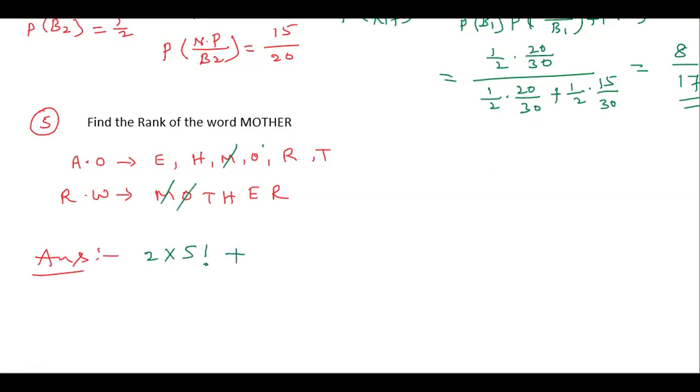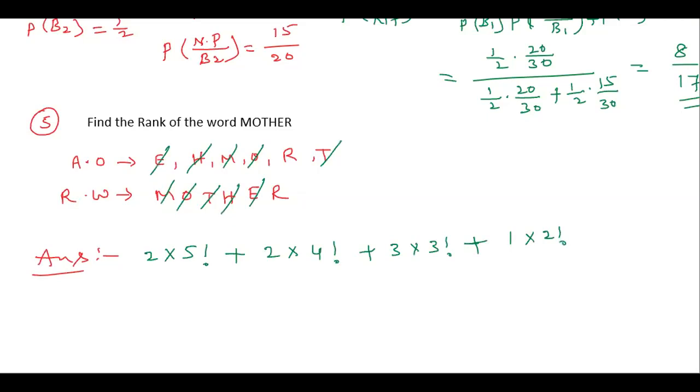O can be cancelled. Before O there are 2 letters. Remaining 4 letters, 4 factorial, plus T can be cancelled. Before T there are 3 letters, which can be arranged in 3 factorial, plus cancel H. Before H only 1 letter, arranged in 1 factorial.